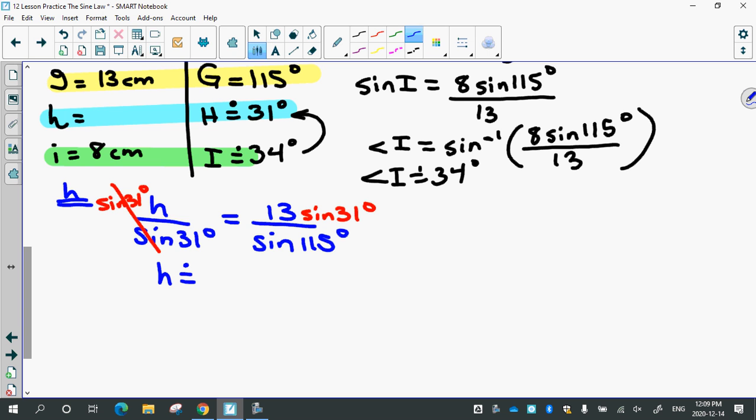I got 7.38 so it's approximately 7.4 centimeters, and then I have to put that in my chart. And now that everything's filled out, I'm done. Okay.